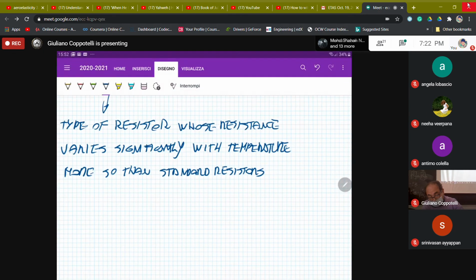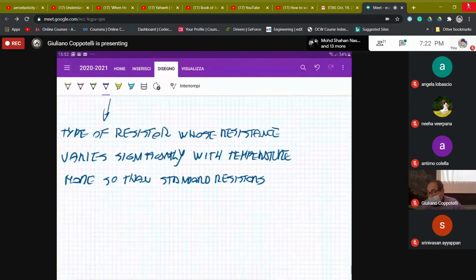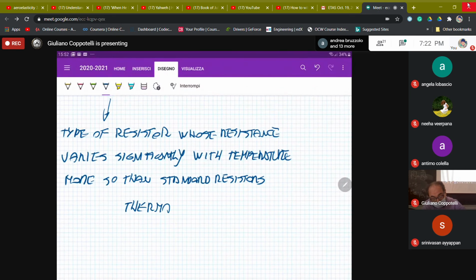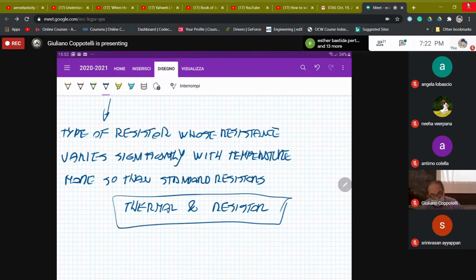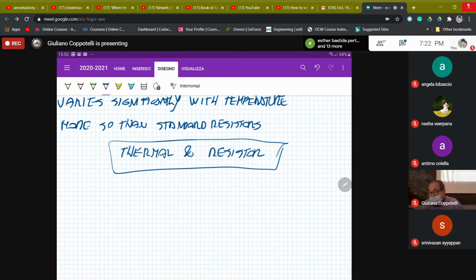Indeed, the name thermistor is obtained by combining thermal and resistor. These materials are ceramics and polymer.